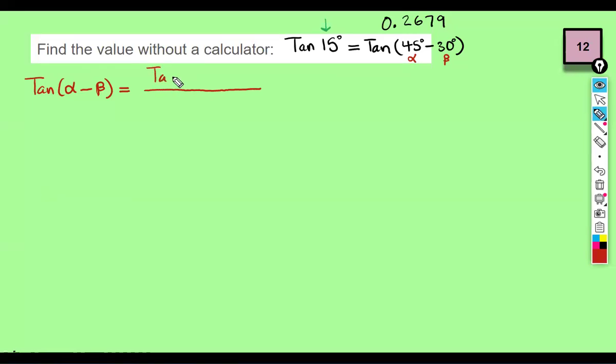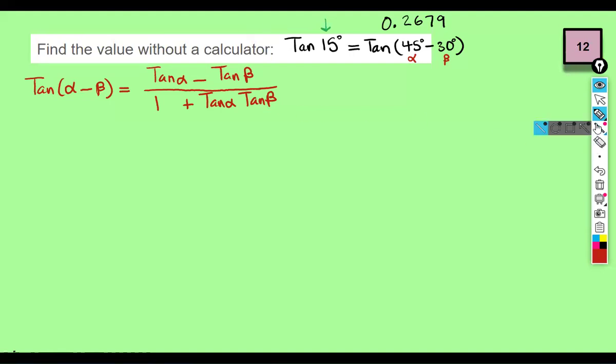Anybody have this? It is tan alpha minus tan beta over 1 plus tan alpha tan beta. That's the formula you would have seen on your formula sheet. Are we all in agreement with this formula? Great.